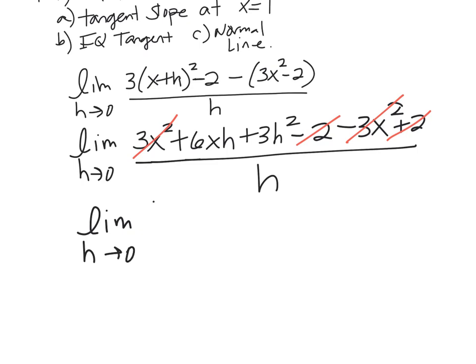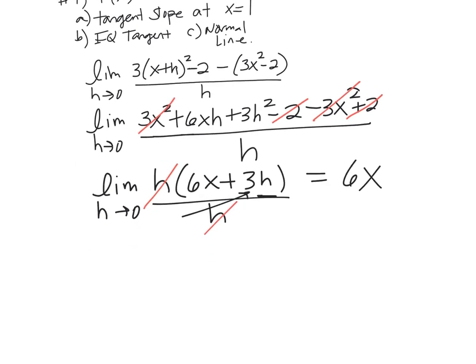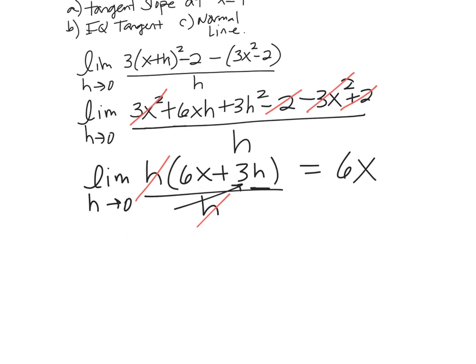So you factor an h and you get 6x plus 3h over h. So that's gone. And now, finally, people forget to do this part too. Take the limit as h goes to 0. You get to now plug 0 in for this h. And so you get 6x. So 6x is a formula to give us the slope at any point we want.